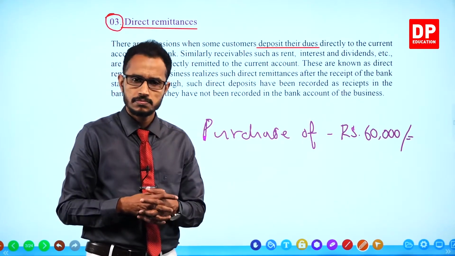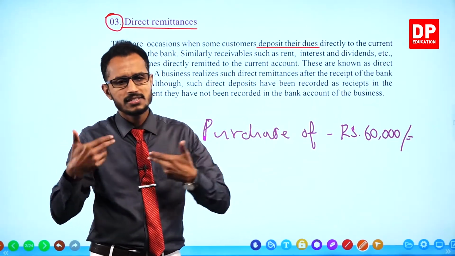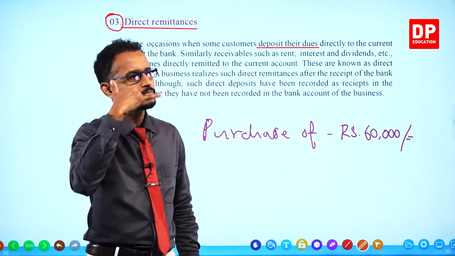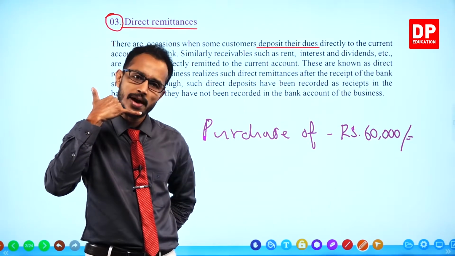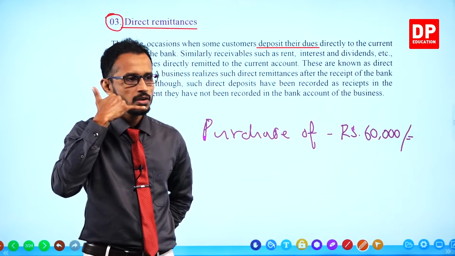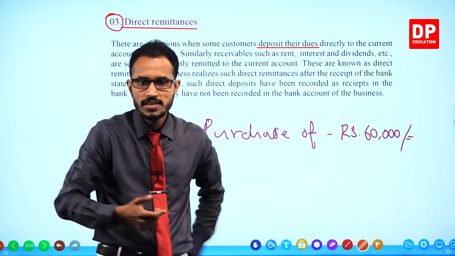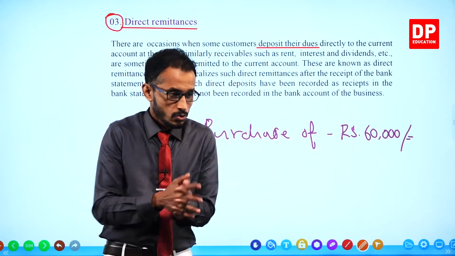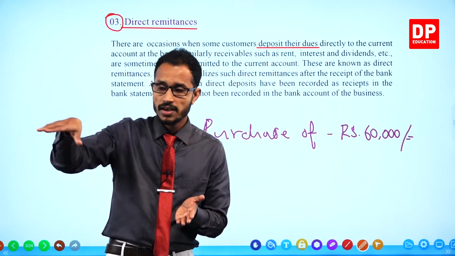That could happen. And he forgot to give me a call at least. He forgot to tell me, I deposited your money in your bank account. He should say so. But he didn't even call. So we don't know that an amount has been transferred to our bank account.